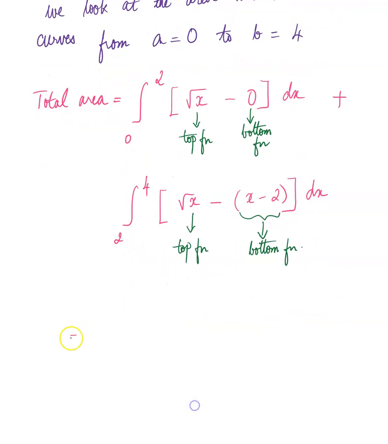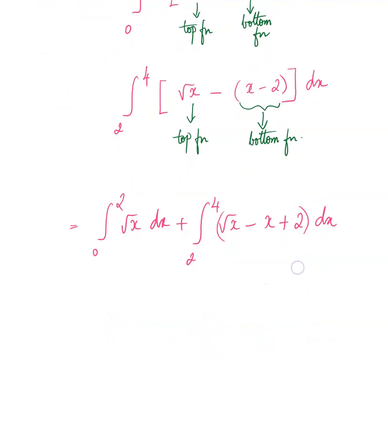Okay, all good here? 0 to 2 square root of x dx plus integral 2 to 4 square root of x minus x plus 2 dx. Now it's a breeze because these are all easy ones, so no worries about the substitution method or things like that. So 0 to 2, again just for convenience I'm putting them all as the power.